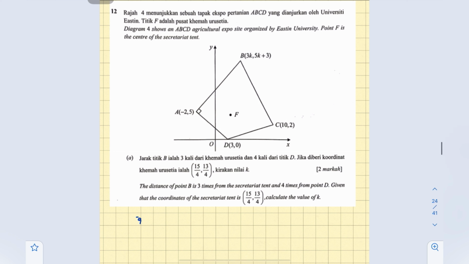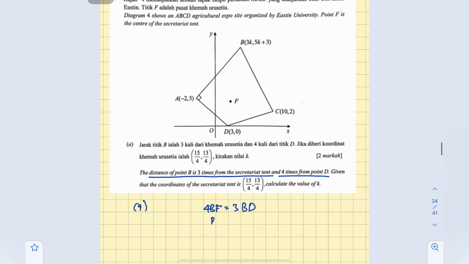Okay, so for question A, given the sentence here, the distance of point B is 3 times from the secretariat tent and 4 times from point D. So the equation here is 4BF equals to 3BD. So BF over BD equals to 3 over 4.